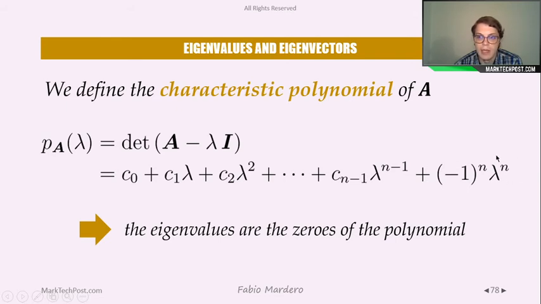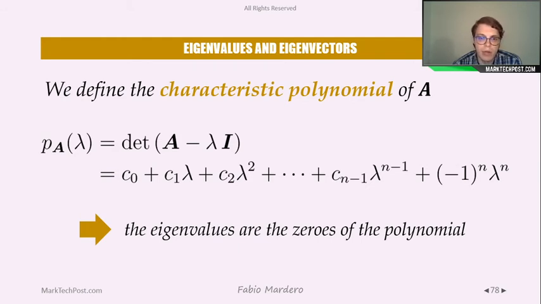Notice again that the polynomial has degree n, which is the dimension of A. As we have seen before, if the matrix A is a 3 by 3 matrix, then we get lambda to the power of 3, a polynomial of degree 3, and so on.